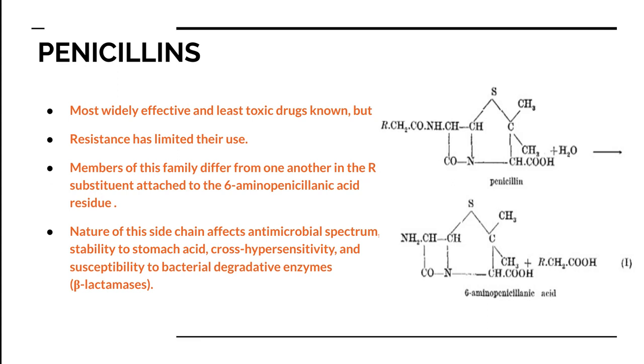So the nature of this side chain affects the antimicrobial spectrum, stability to stomach acid, cross hypersensitivity, and susceptibility to bacterial enzymes like beta-lactamase. What is beta-lactamase? This is the enzyme which is going to cut these bonds. So these bonds will be broken and your 6-aminopenicillanic acid is gone forever. We will discuss them later on. So is everyone clear for the time being?